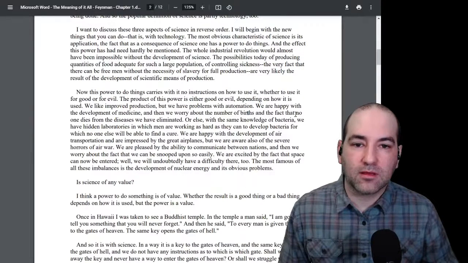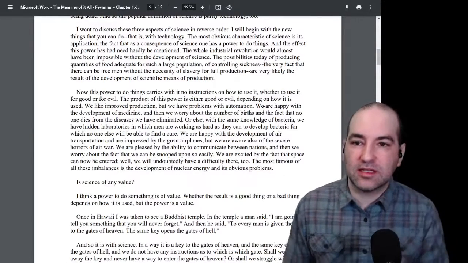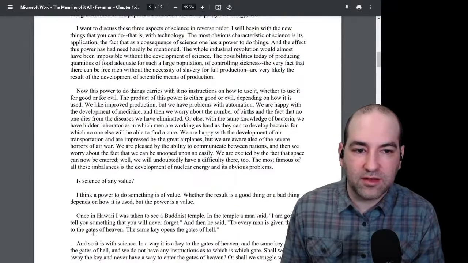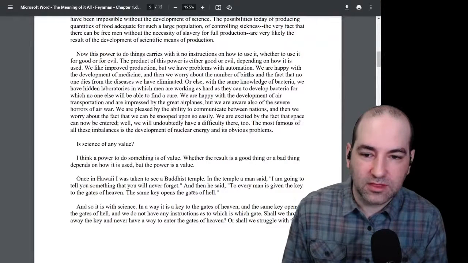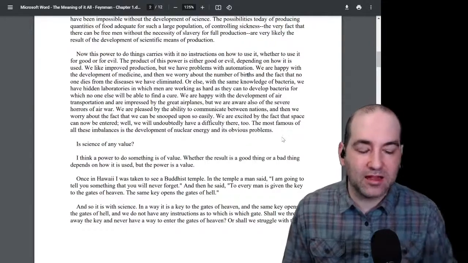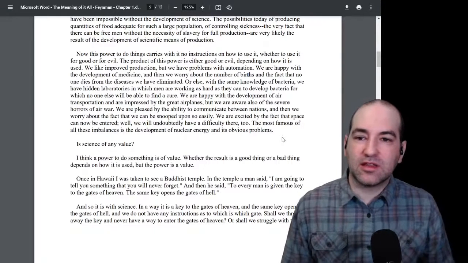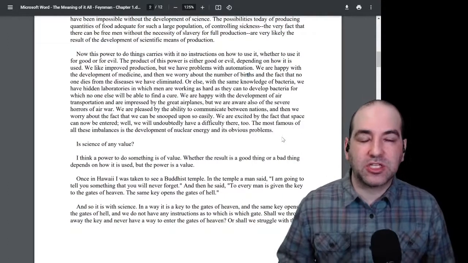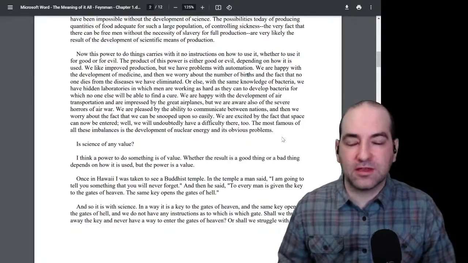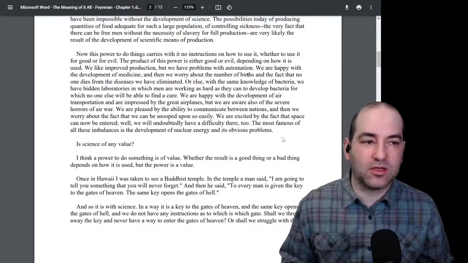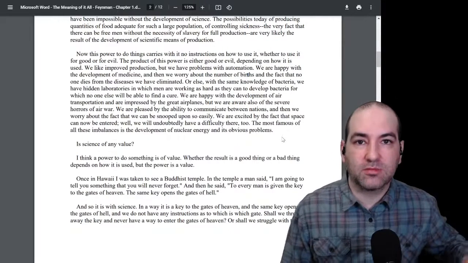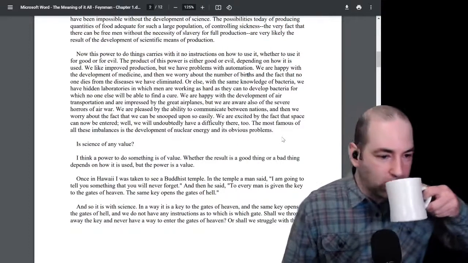So in Feynman's view, science is, as he says, a key to the gates of heaven that also opens the gates of hell. And in this analogy, he's saying basically the technology, the applications are in themselves neutral, and they can do great things and they can do terrible things. And his example is with nuclear technology. He worked on the Manhattan Project, which developed the atomic bombs during World War II.